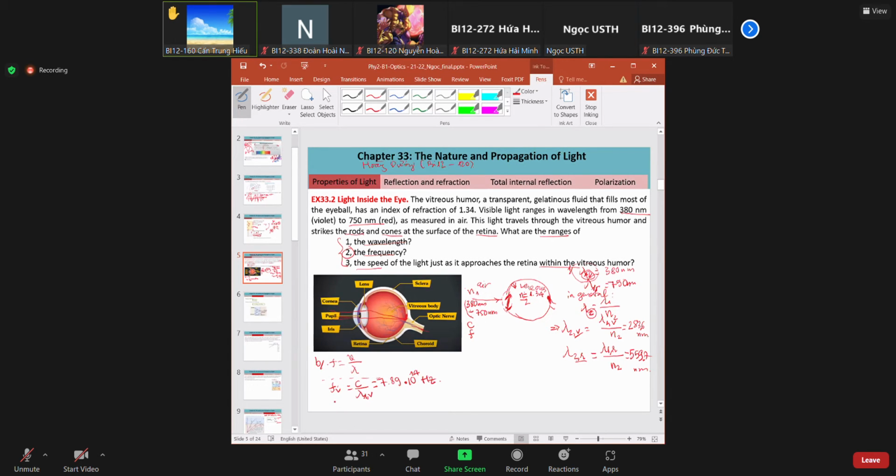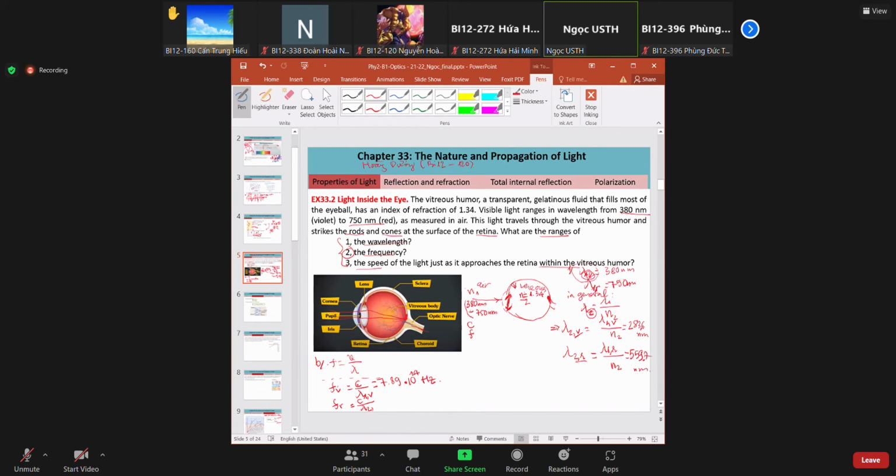And we calculate the F of red, equal to C over lambda 2, lambda red. Why do you use lambda 1?